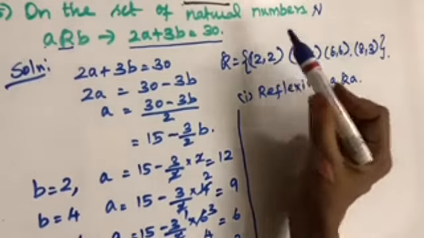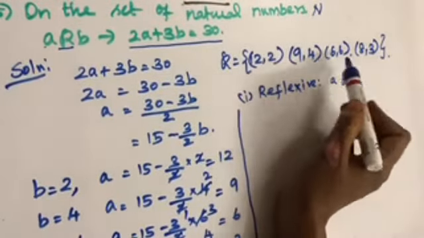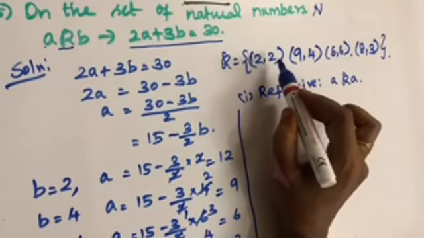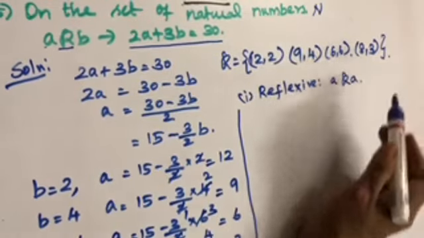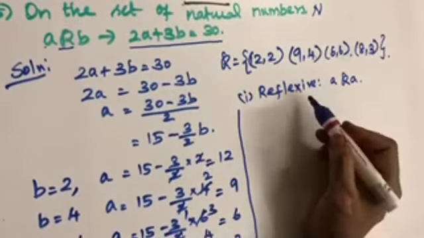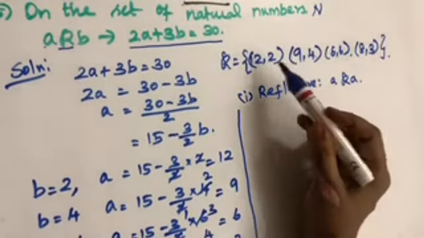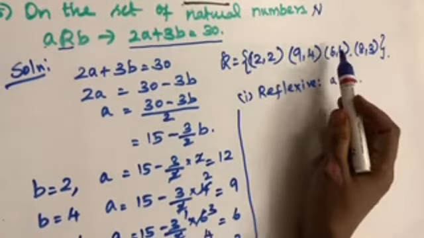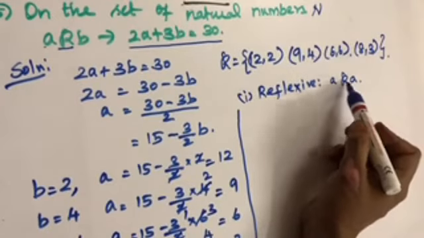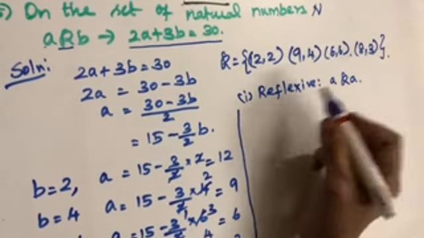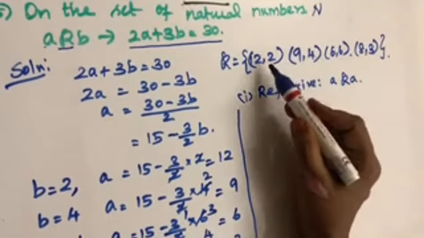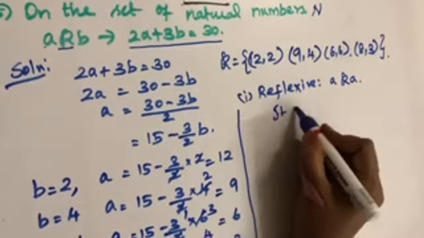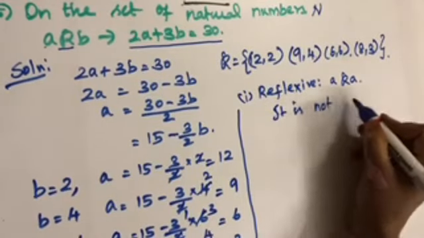The elements of the first set are 12, 9, 6 and 8. The elements of the second set are 2, 4, 6 and 3. But if it is reflexive, all the elements should be related to themselves. But only 6, 6 is related to itself. So, no 3, 3, no 4, 4, no 2, 2. Okay. So, it is not reflexive.